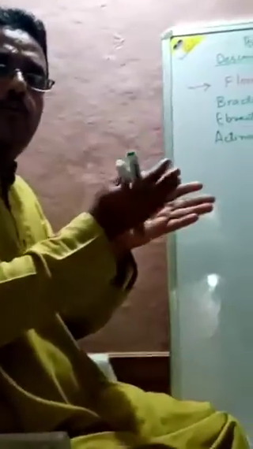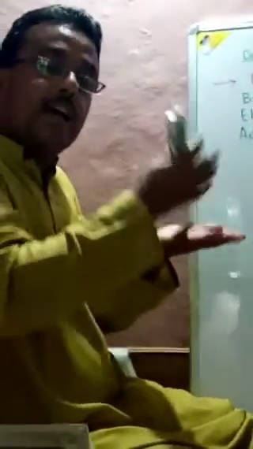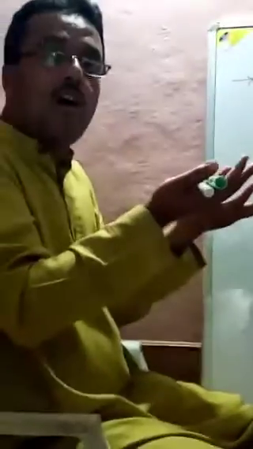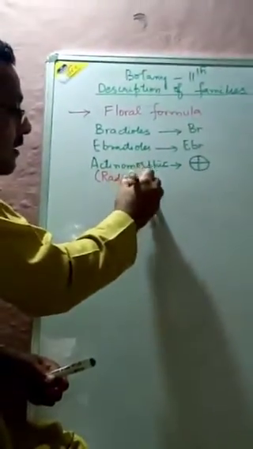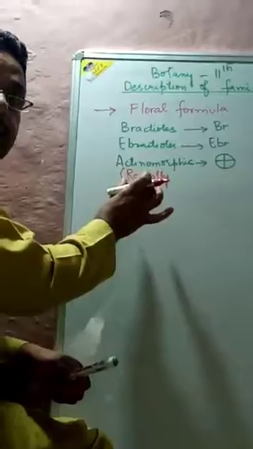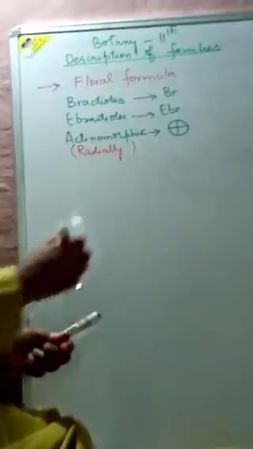In whichever plant we cut that flower, we will get equal halves. Sometimes we also write it as radially symmetrical, divided radially. That is called the actinomorphic.